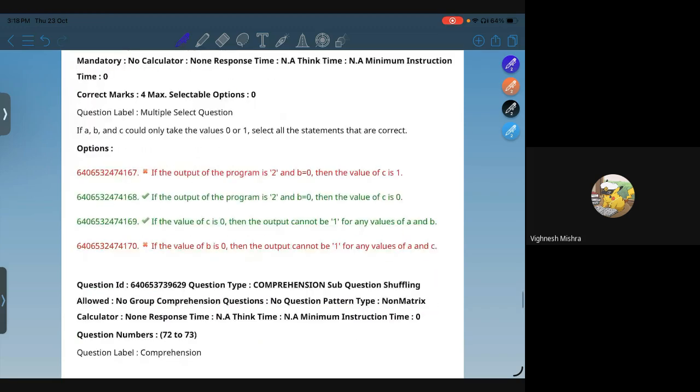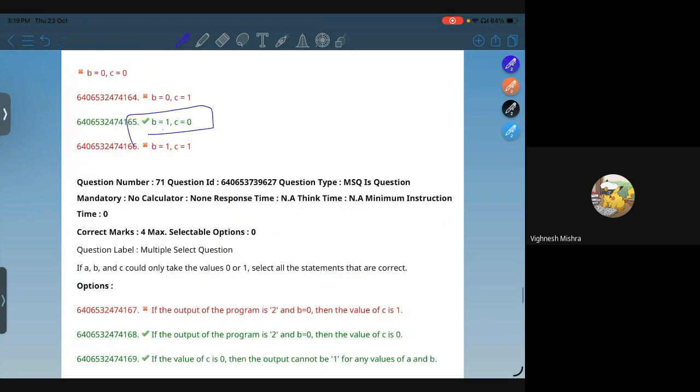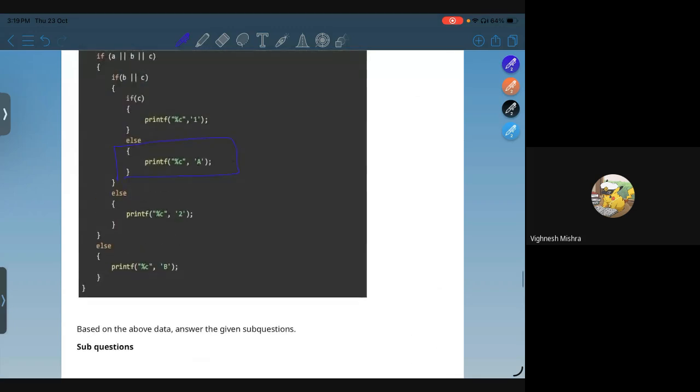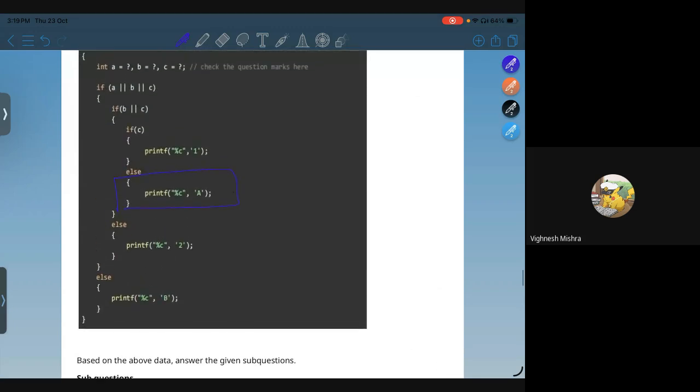And if A, B, and C could only take the values of 0 and 1, select all the statements that are correct. If the output of the program is true, then B is 0. If the output of the program is 2 and B is 0, then what will be the value of C?